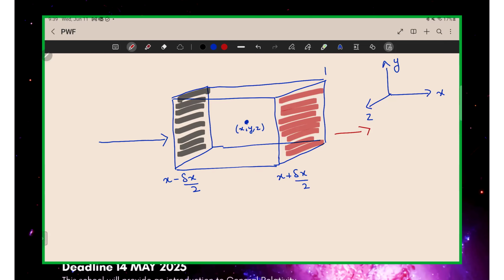So this is T01 at X minus delta X over 2, Y, Z, multiplied by delta Y and delta Z and delta T. And same thing here, but now it is T01 at X plus delta X over 2 because it's at this face, and Y, Z, and same thing, right?